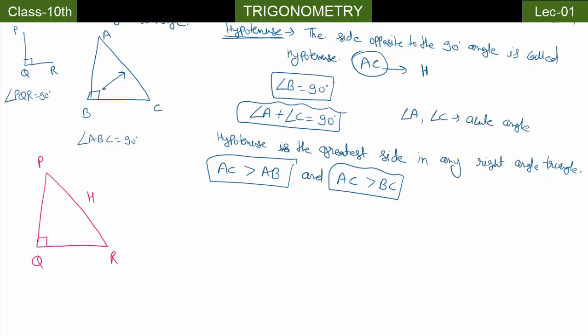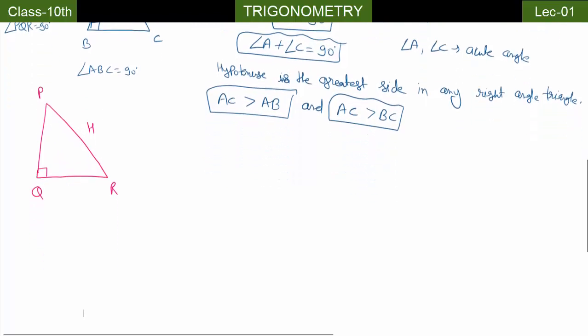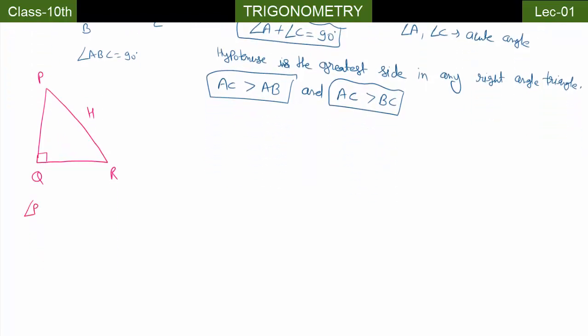Now let's say I define this angle PRQ as theta, and theta is a Greek alphabet, read as theta. If I define this theta, then I can define what is perpendicular and what is base.